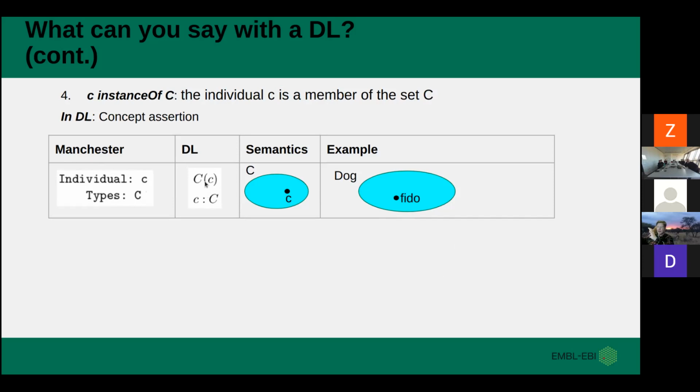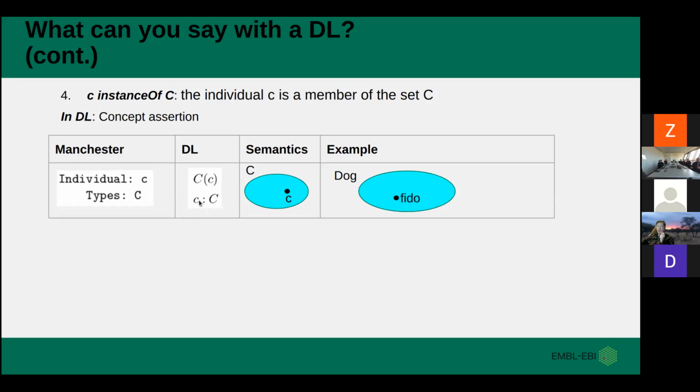This is C, the class C, and then in brackets the individual c, or you can have c colon and then the class C.